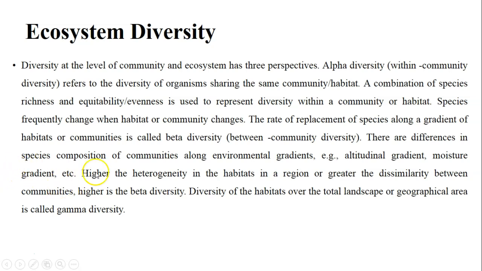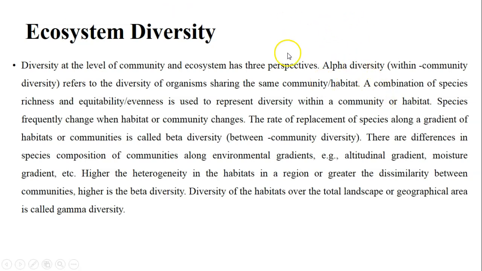Here the ecosystem is not restricted to any particular flora, fauna, or species. Ecosystem covers all the living and non-living things also. So here there are some types of ecosystem diversity.